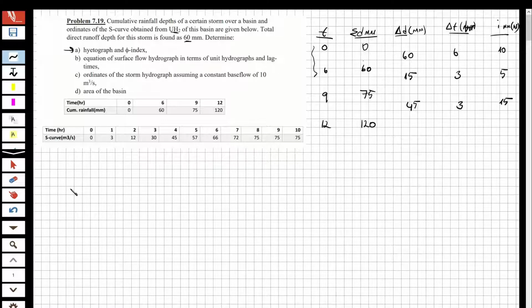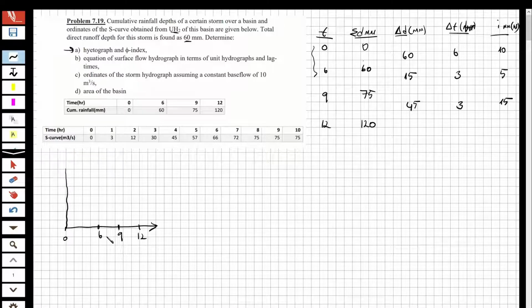Let's draw the hyetograph, and we are going to determine the phi-index. For the hyetograph, we are going to need 2 axes. For example, this is 6, this is 9, this is 12, and this is 0.